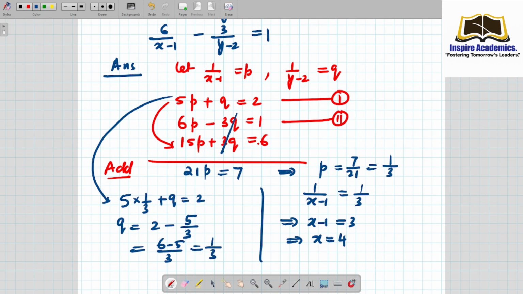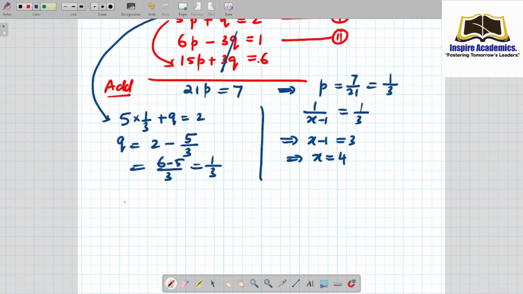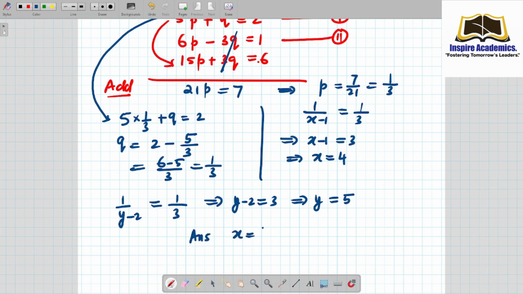And what was q? q was 1 upon y minus 2 equal to 1 upon 3, which means y minus 2 equal to 3 and y equal to 5. So what are my final answers? x is equal to 4 and y is equal to 5.